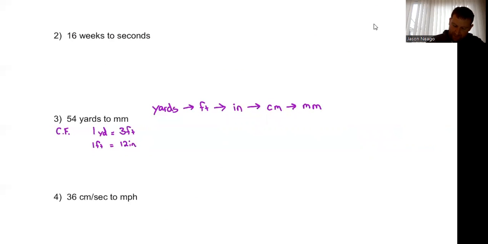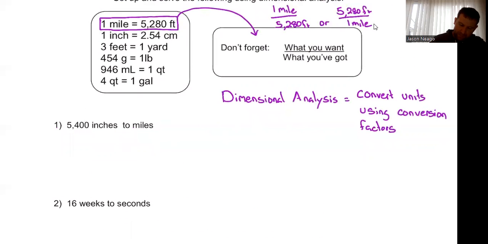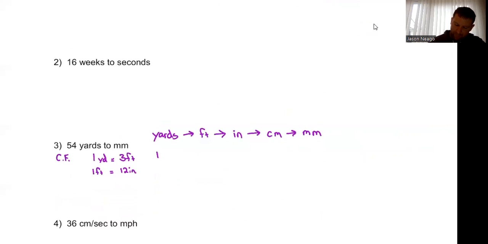And from inches to centimeters, 1 inch is equal to 2.54 centimeters. Now here's the tricky one.